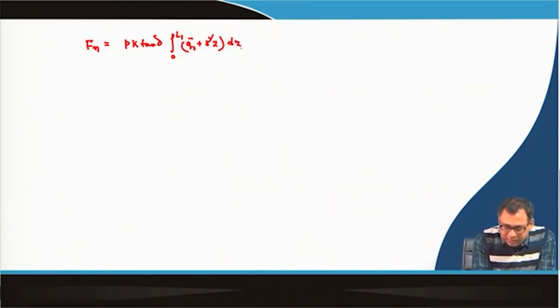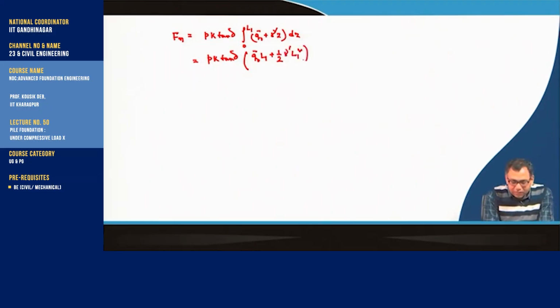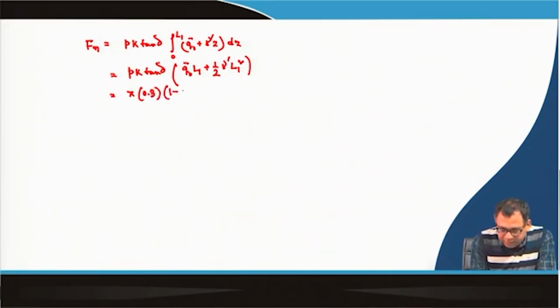So, now if I put the limit, this will be P k tan delta divided by q 0 bar L1 plus half gamma dash L1 square. So, now I will put this value, p is the perimeter which is pi d, so 3.14 or you can write pi d directly. So, this will be pi d is 0.3, k is 1 minus sin phi, so 1 minus sin 30 degree which is 0.5.